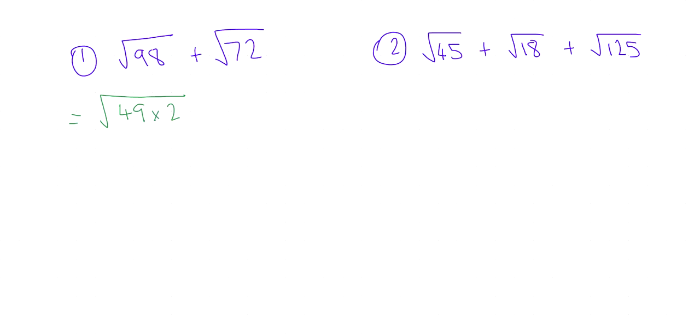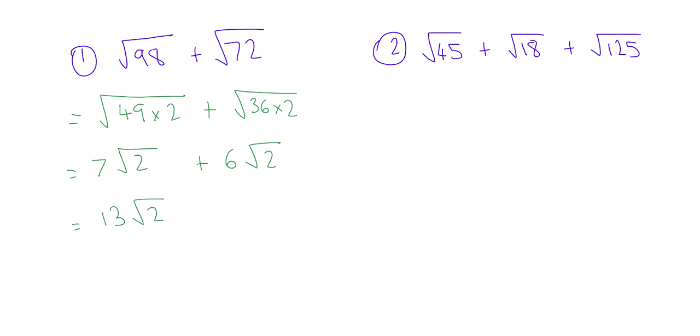All right, what other factors of this can be square rooted? Well, this is actually 36 times 2. So the square root of 49 is 7. And then I'm left with root 2. The square root of 36 is 6, and I'm left with root 2. And because these match, I can add them together. So 7 plus 6 is 13 lots of root 2.